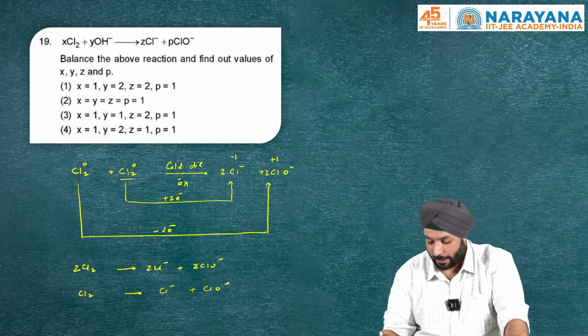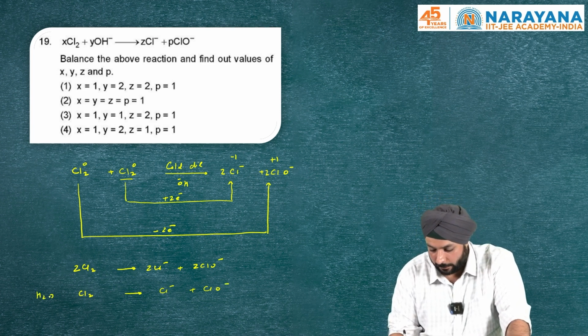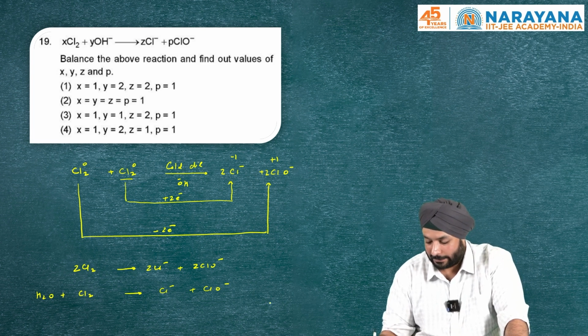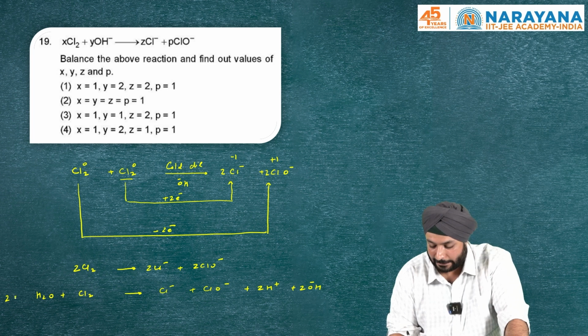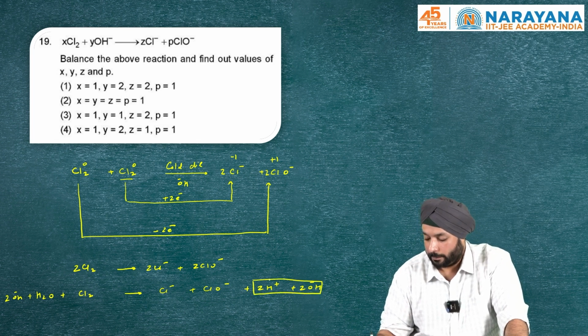Balance oxygen. Add a water molecule over here. Balance H plus, 2H plus. Balance the reaction in basic medium. Add equal amount of OH minus on both the sides. Then this becomes water.